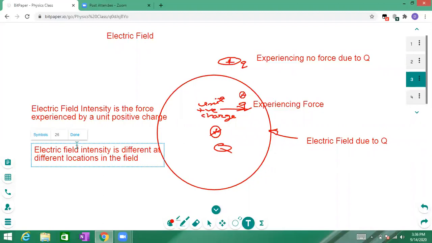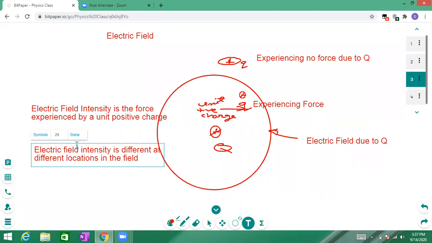And uniform electric field means the electric field intensity is constant everywhere in the field. But you see, the electric field intensity is a vector quantity, so it must have direction in addition to magnitude. Therefore, when we talk about the electric field, we have to talk about the direction also.